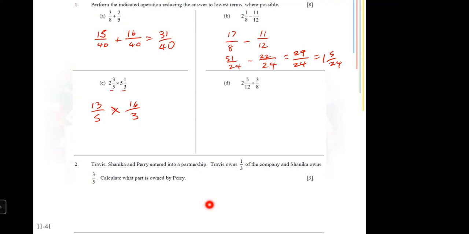So we just multiply 13 times 16 and 5 times 3. 5 3s are 15. And then 13 times 16 is 208. And then 15 goes into 208 13 times, and that remains 13 over 15.